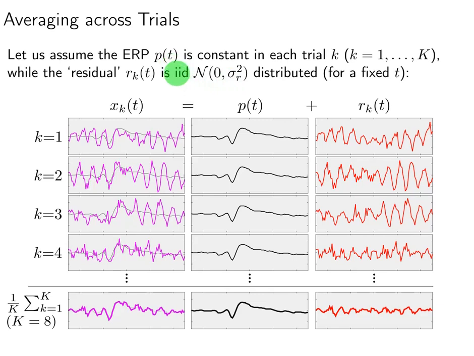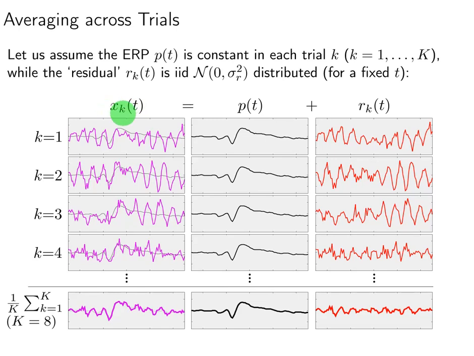IID stands for independently and identically distributed. What we can observe in this visual example is that averaging actually helps if our assumption is valid.